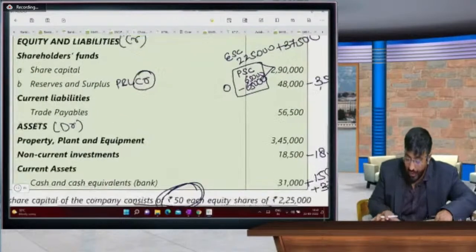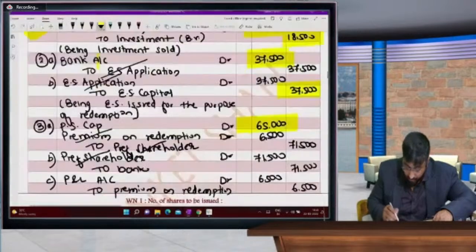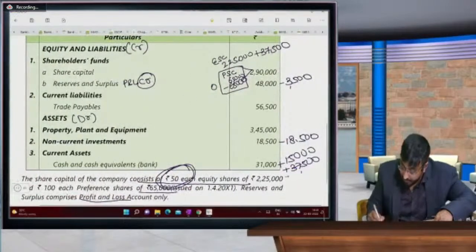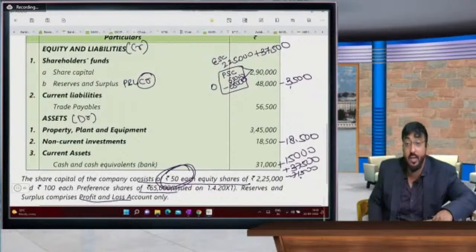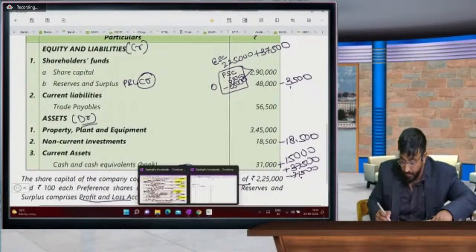So capital zero balance now. Preference share capital, premium temporary account, preference shareholder temporary account. Now bank 71,500 credit balance. Credit balance means minus it. So 71,500 I will deduct it from current asset because it has a credit balance and asset has a debit balance. So debit, credit minus.